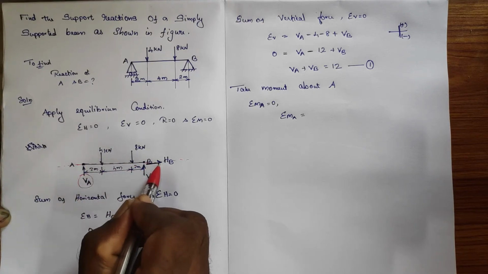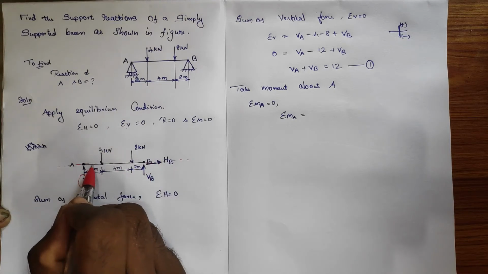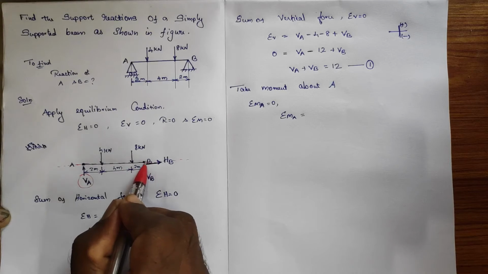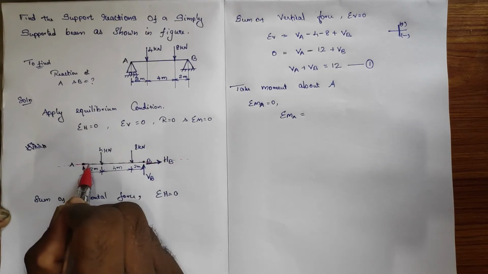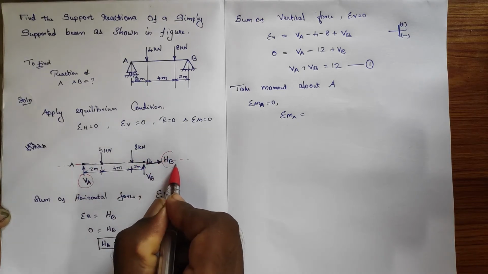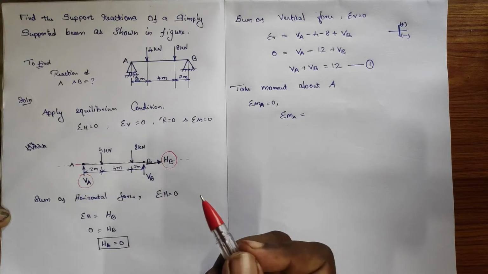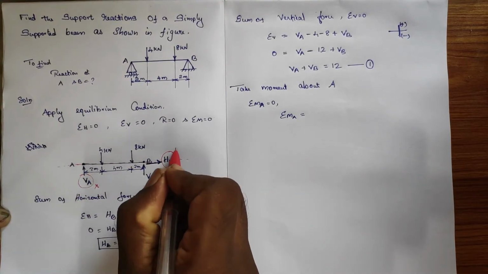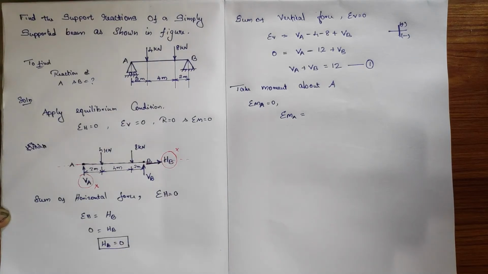The force can be replaced anywhere on its line of action. So the force HP is coming from the point A. If that happens, there is no perpendicular distance for HP, so this also becomes 0. So HA and HB will be 0.